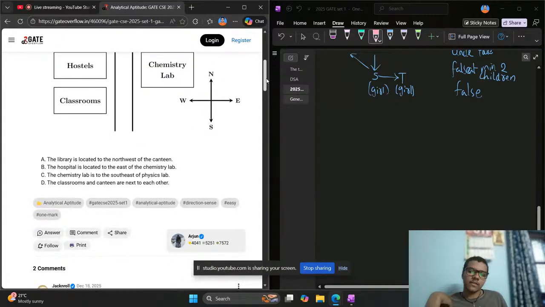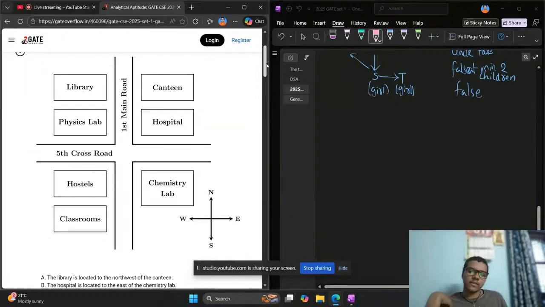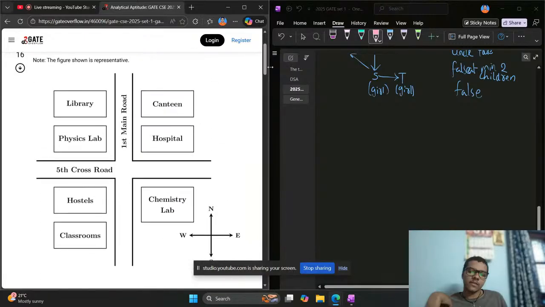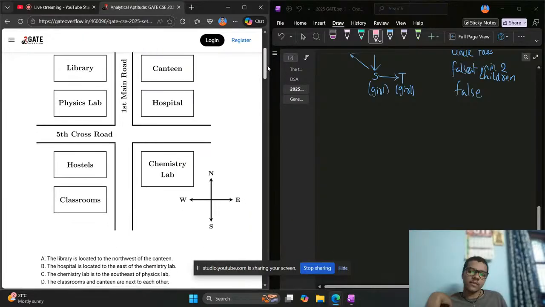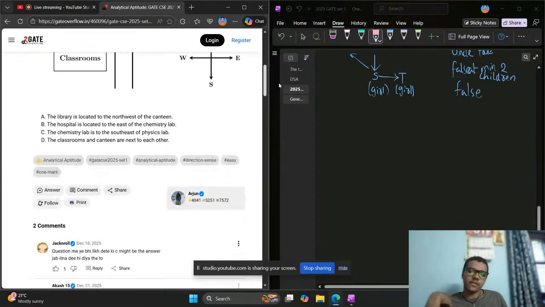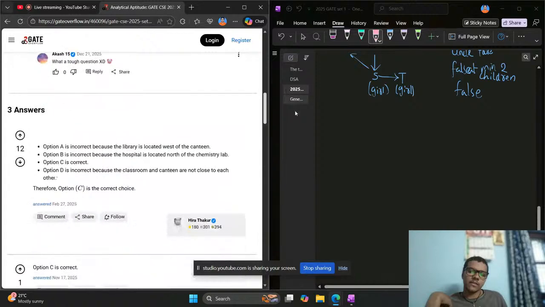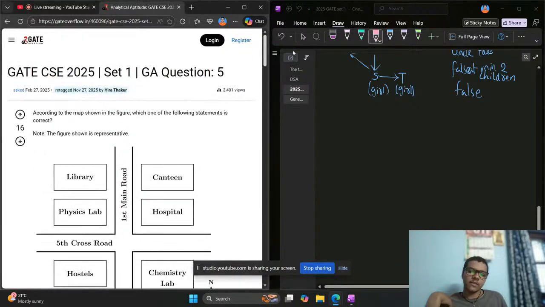Chemistry lab is located southeast of physics lab. Physics lab, southeast, chemistry lab, C is true. The classrooms and canteen are next to each other. They are not next to each other unless it is a circular map, which it is not. So C is the only correct one. Option C is the correct choice.